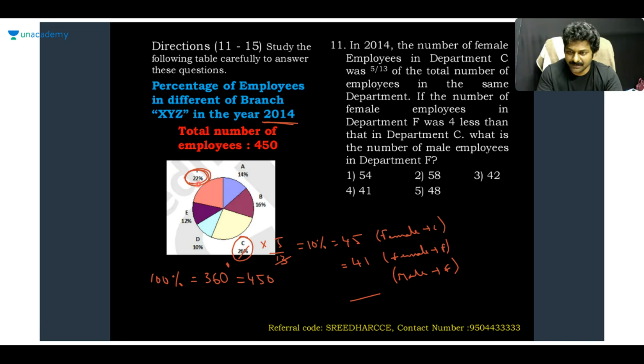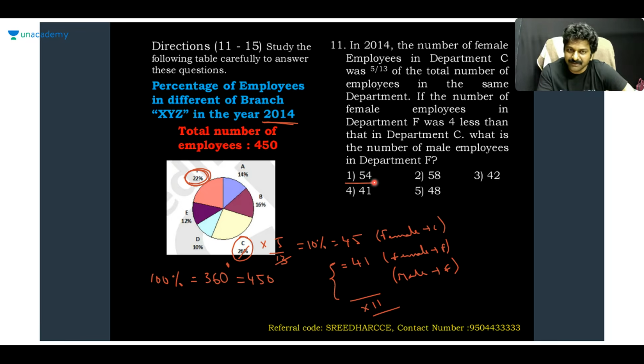We have 22%. 22% value should be a multiple of 11, because 22 is a multiple of 11. So, the sum of female and male in Department F has to be a multiple of 11. Now, just go for verification.